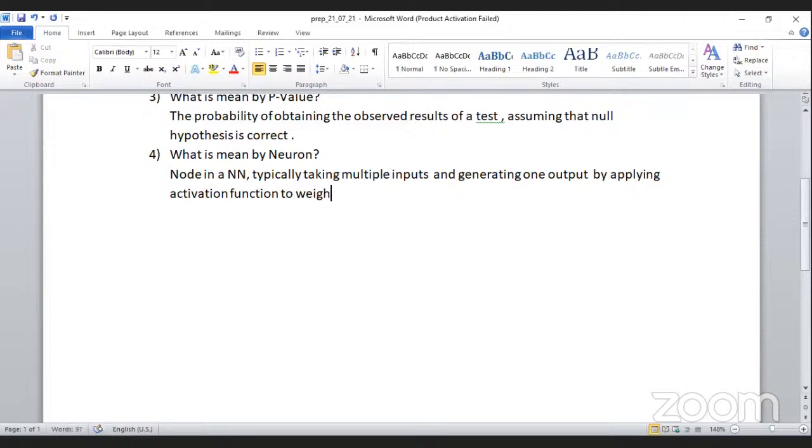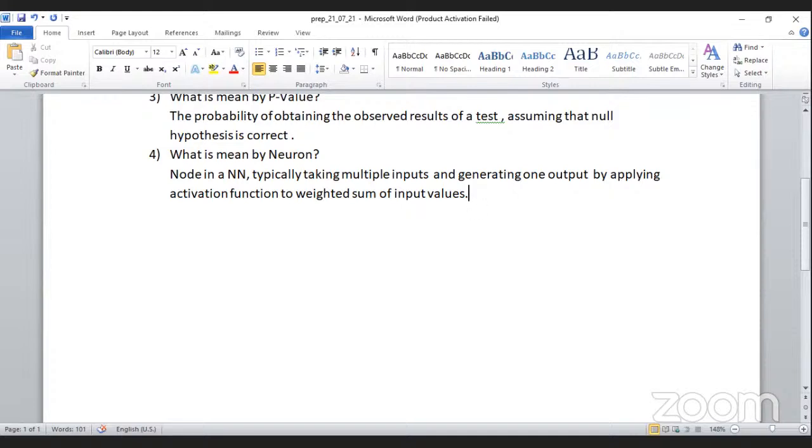It's a node in a neural network. Typically it is taking multiple inputs and generating one output by applying an activation function to the weighted sum of input values.